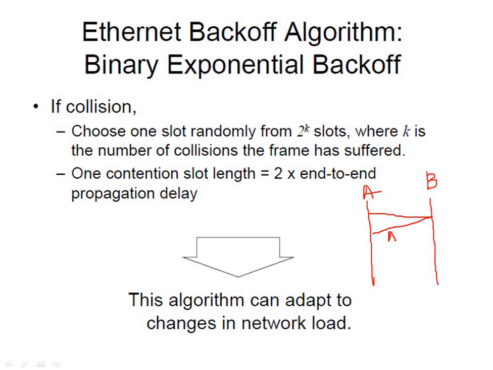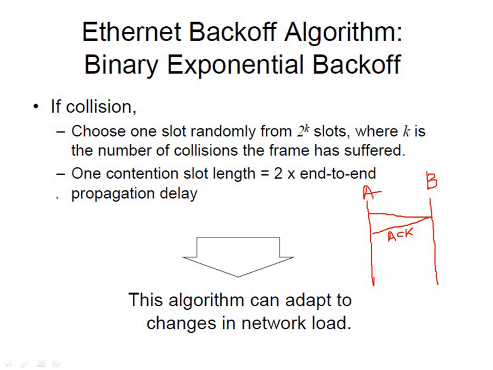That concept we have already seen in previous lectures. So this acknowledgement is received. But what happens when the collision occurs or when the acknowledgement is not received? In that case, this backoff algorithm came into existence.